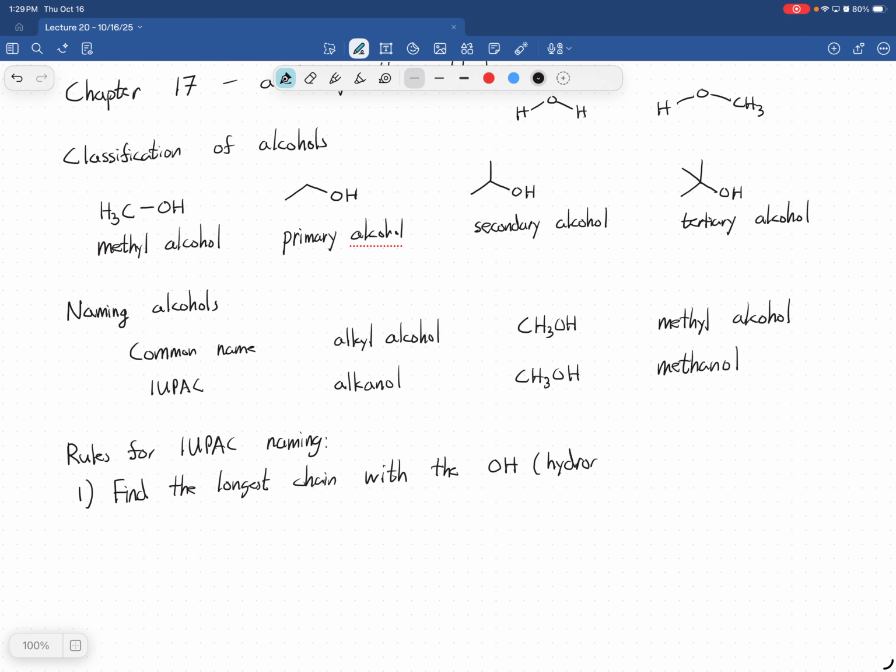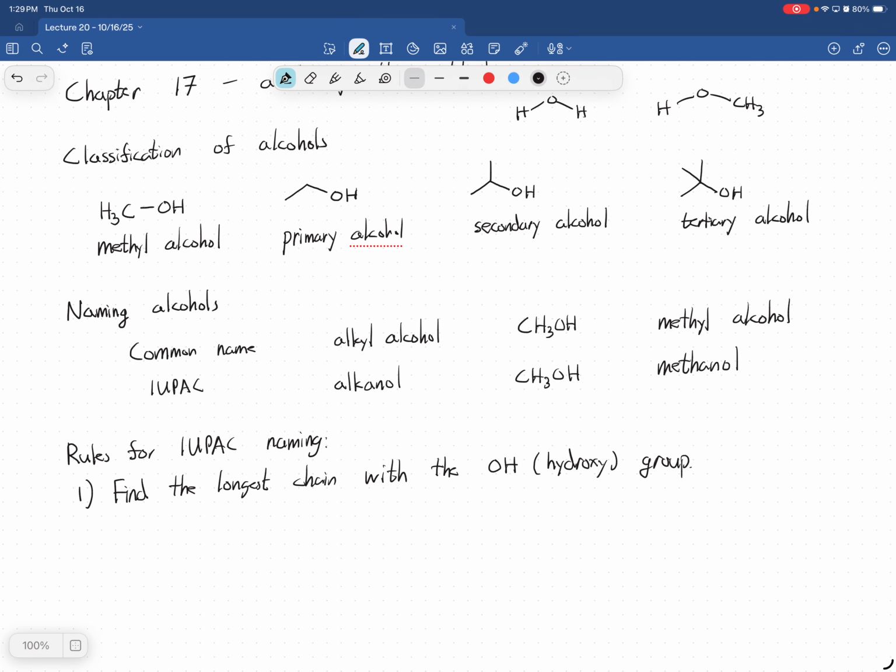So OH is called hydroxy. So you must find the longest chain with the OH group. So if there's a longer chain without the OH group, you don't pick that one. All right? It has to be the longest chain with OH. OH is part of that chain. Okay? That's because OH now takes priority.